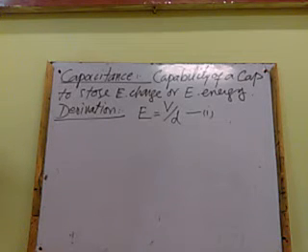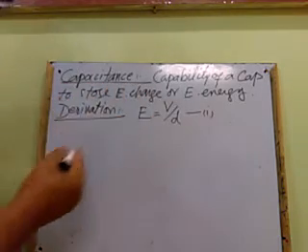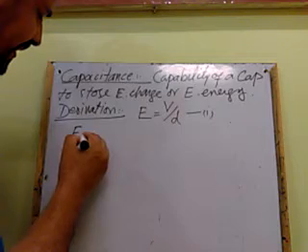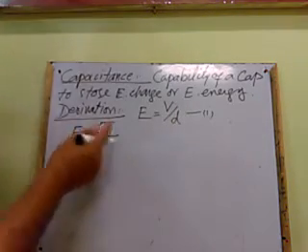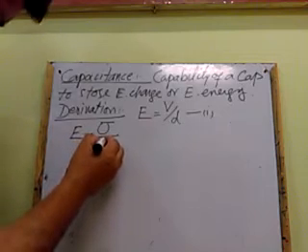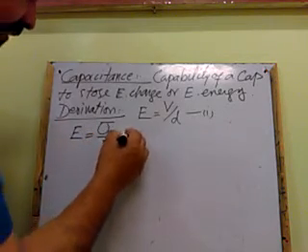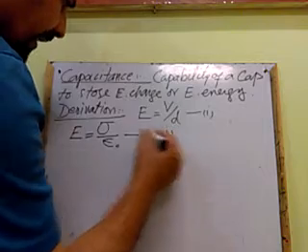Another equation which we can use depends upon the electric field intensity of a parallel plate capacitor. We have already derived this equation in previous videos, and we can write it like this. This is equation number 2.